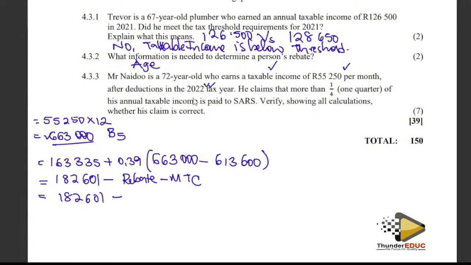He qualifies for all three rebates. Here we are looking at 2022, so we subtract 15,000 minus 8,000, because he does not go beyond 74.